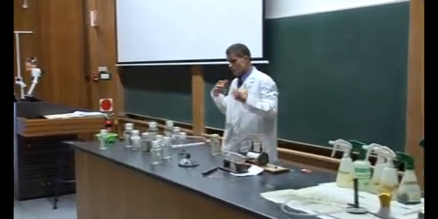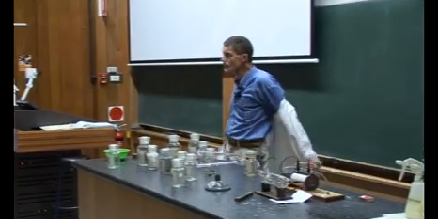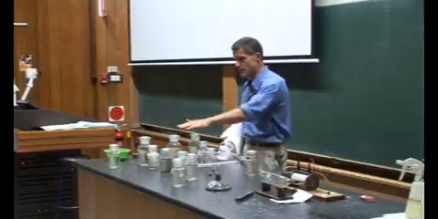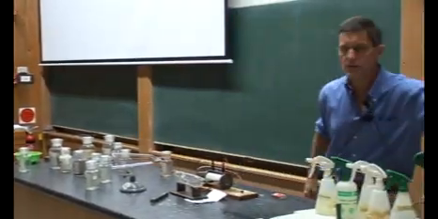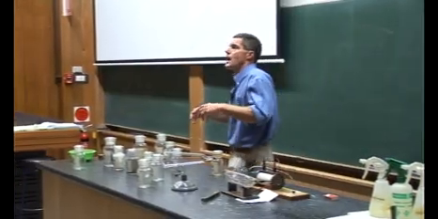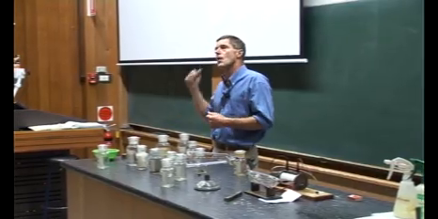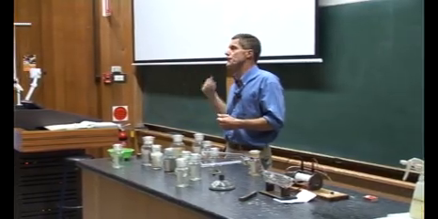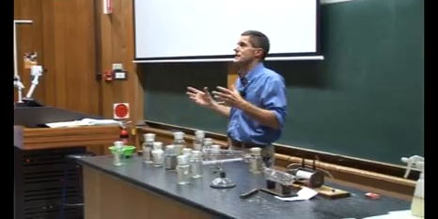Now, one of the trends that we see in the periodic table is that as you go from, for example, sodium to potassium, you're going to a metal that has a lower melting point, is volatilized, made into the gas phase more easily.